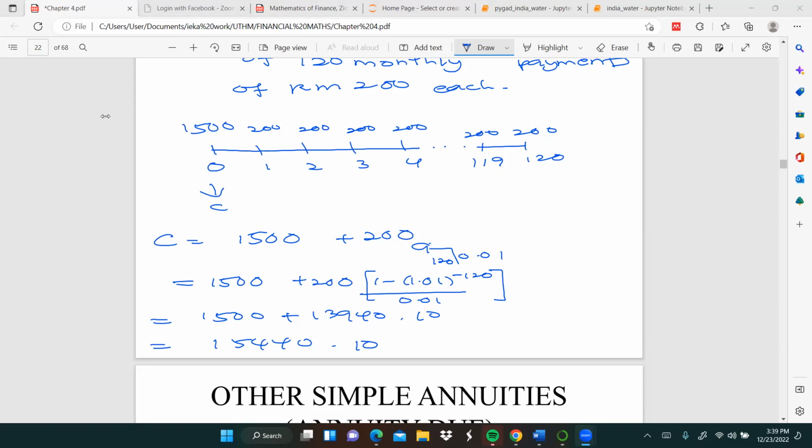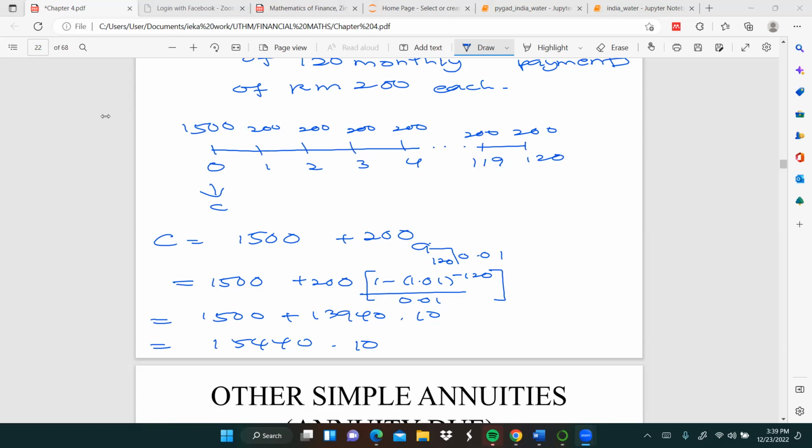We need to find the accumulated value for 9 months. So we have 0, 1, 2, 3, 4, 5, 6, 7, 8, 9, and we have 9 X.